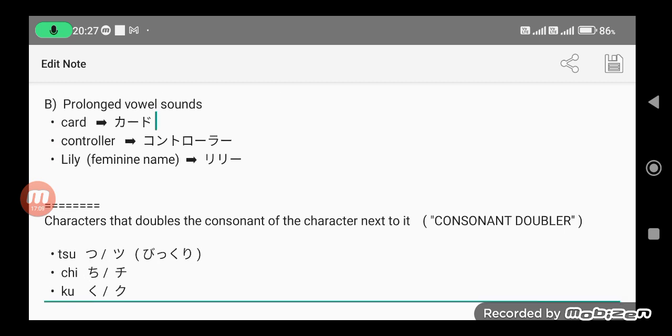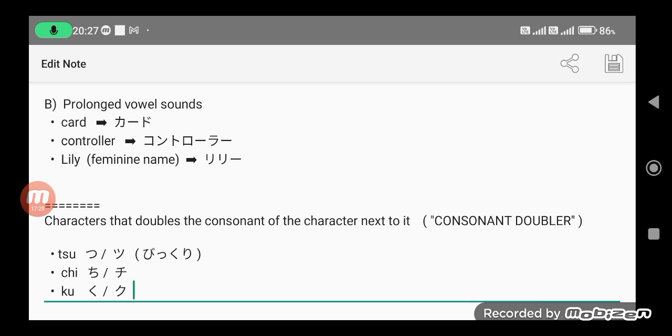Okay, as I have said, you have seen a while ago the small tsu, but actually in the world of Japanese, it's not only the small tsu that has the ability to double the consonant of the second character.